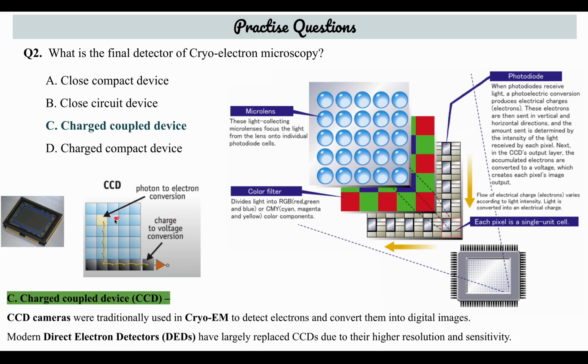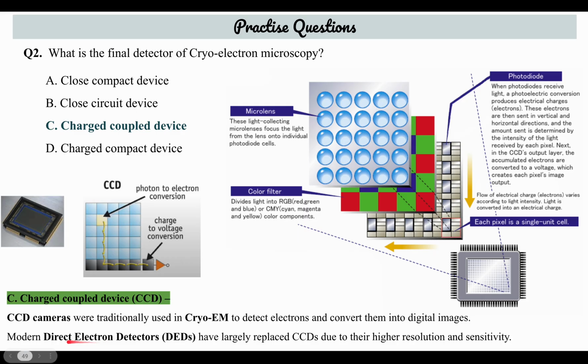Whenever the photons come, they convert to an electric signal, and then there is a movement of this charge, and ultimately this detector converts the charge to voltage and the image is seen. This is how the CCD detector actually looks. It is a very small chip, and these CCD cameras are traditionally used in cryo to detect the electrons and convert them into digital images.